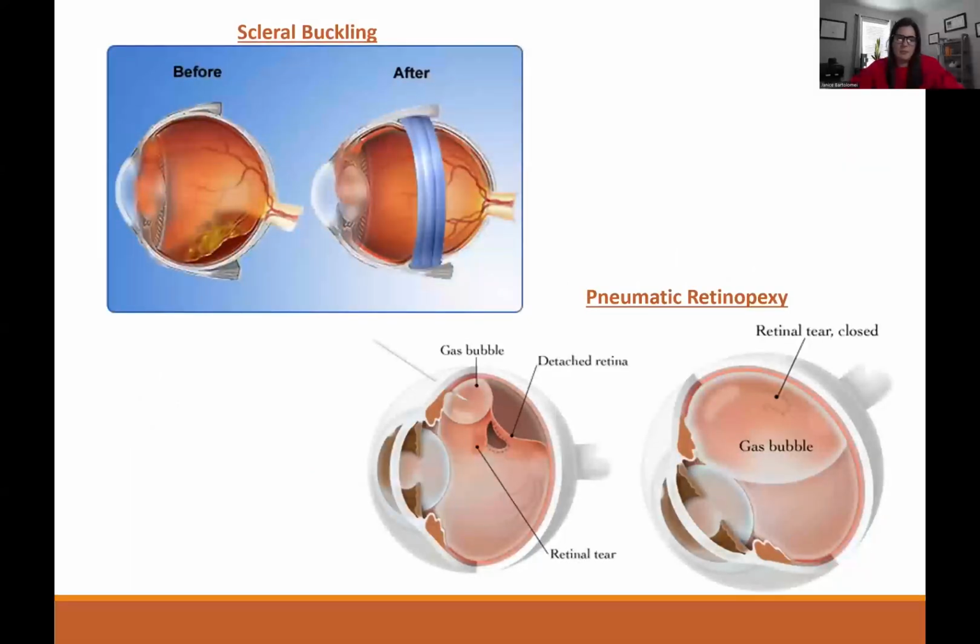Here's the scleral buckling. You have this band around, and it touches the retina, allowing it to heal and reattach. Or you can create this bubble inside the eye, pushing the retina back to the wall, and then again buckling it. So most of the time these two are done together.